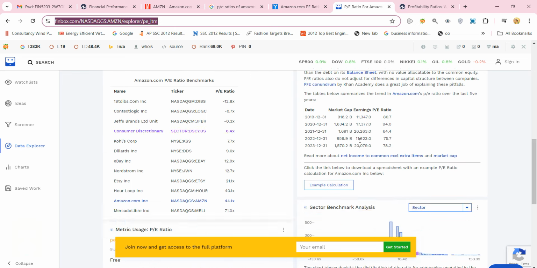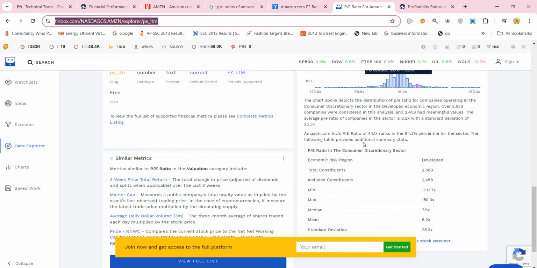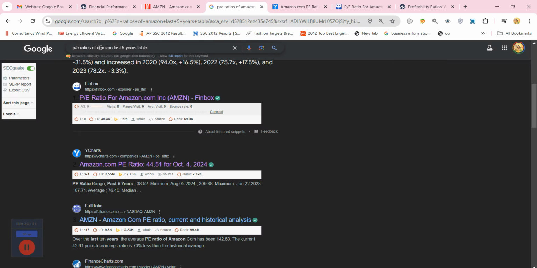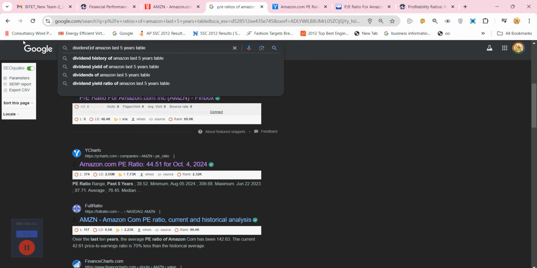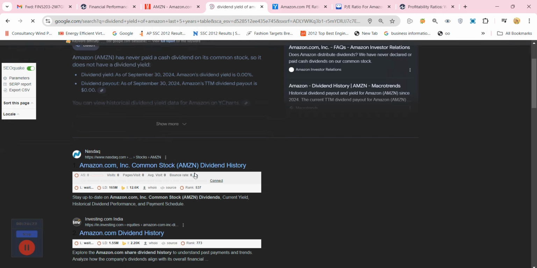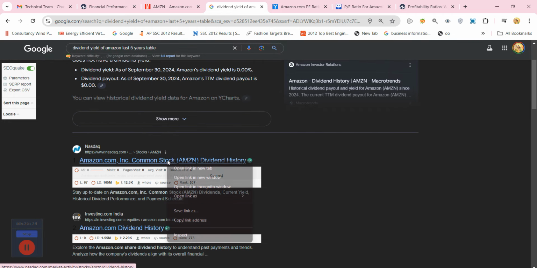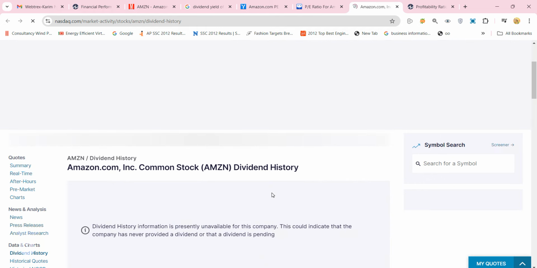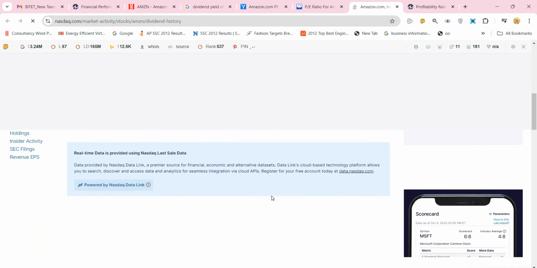Next, let me check dividend yield values. Similarly, we can find for dividend yield. You'll get some data from the stock exchange also.